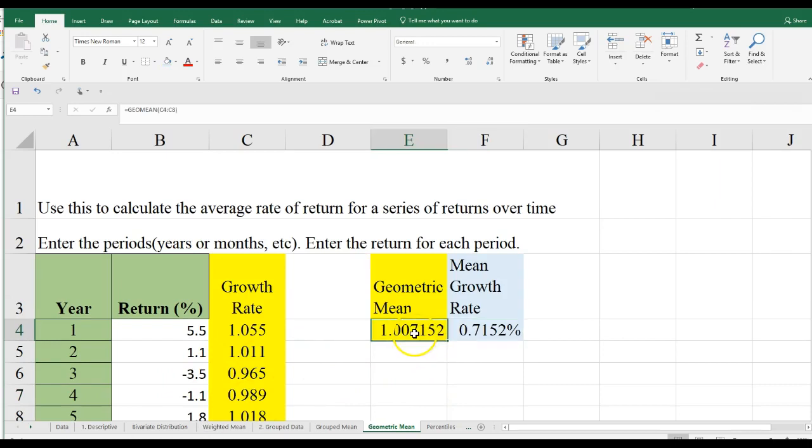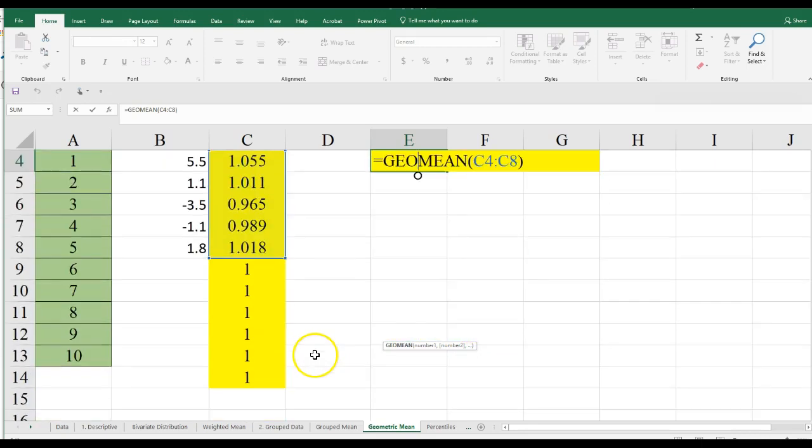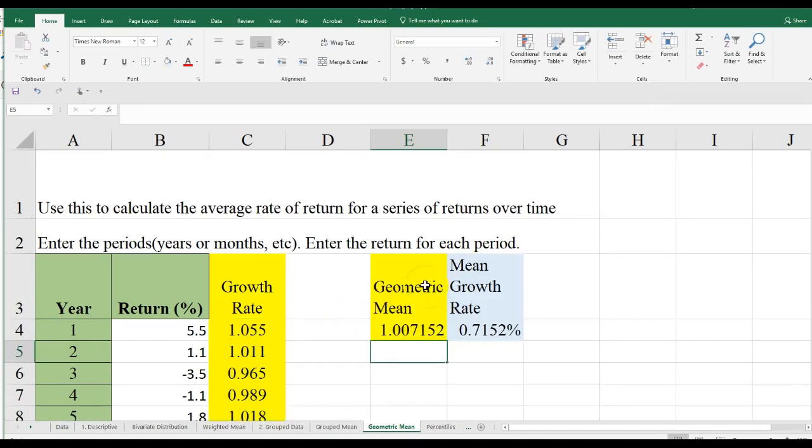So using the geometric mean built-in formula, looking at the array from C4 to C8, which is where our data values lie, the geometric mean calculation is 1.007152.